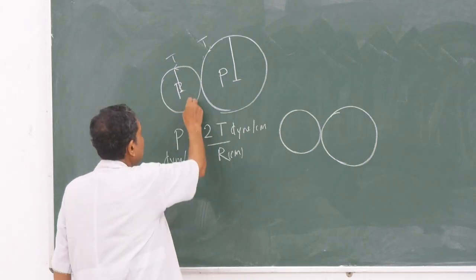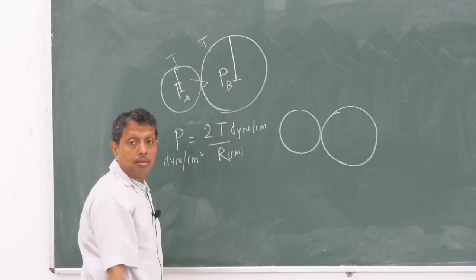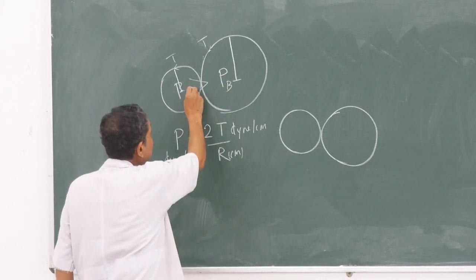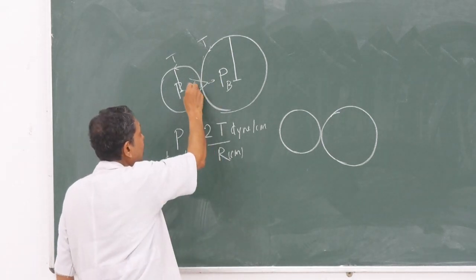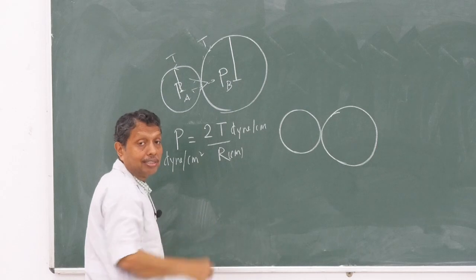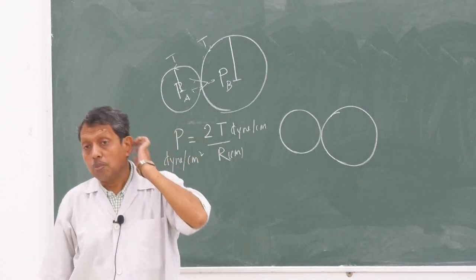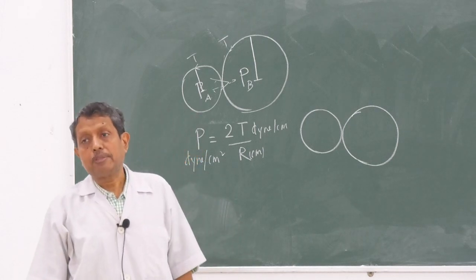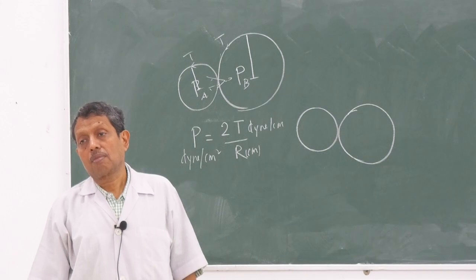This PA is greater than PB. So air will diffuse through, and one will become smaller and smaller, and the other larger and larger. Ultimately, air will come out by diffusion or by rupture. And it is a relatively quick process.